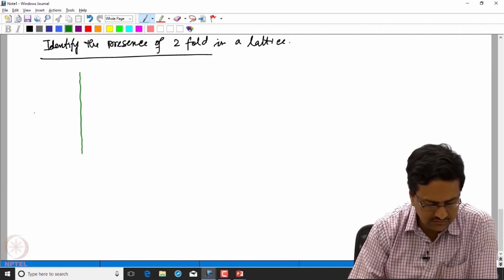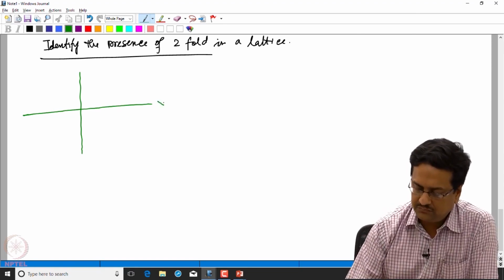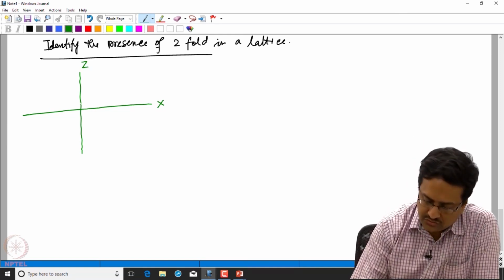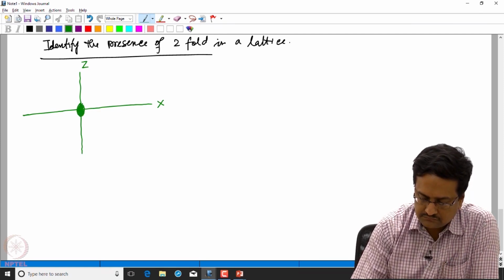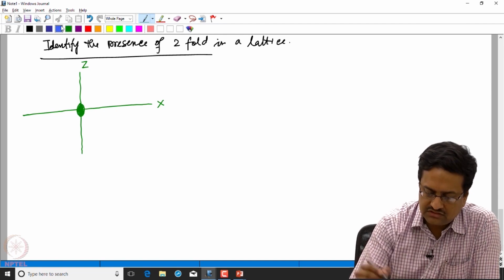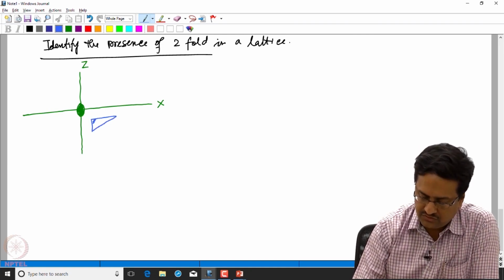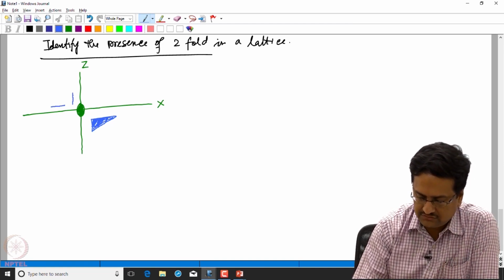Suppose my twofold is parallel to y. So I am projecting it on the xz plane. This twofold which is along y is marked here. This is my object which I am now rotating about this axis. A twofold rotation would take it here.